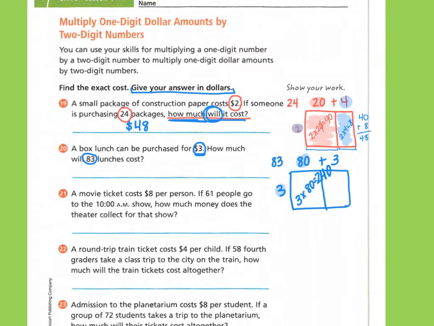For the next section, you should have multiplied 3 times 3. 3 times 3 equals 9. Now that you've found both of your partial products, you can go ahead and find your total product. 240 plus 9 equals 249. Now we're still talking about cost here, so my answer is going to be placed in dollars, $249.